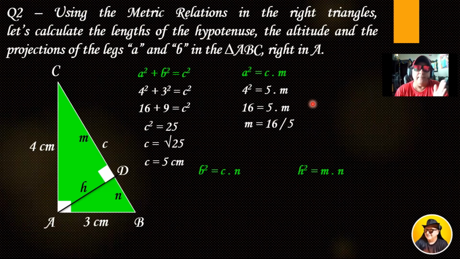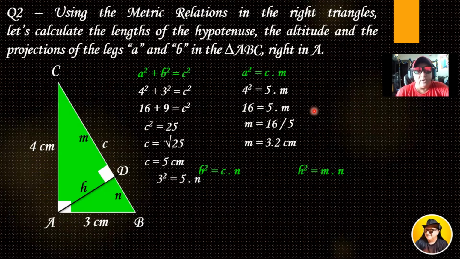Because I want M on the left side of the equation. At the same time I did the rotation, I divided 16 by 5. Let's divide it. 16 divided by 5 is 3.2. So M is 3.2 centimeters.